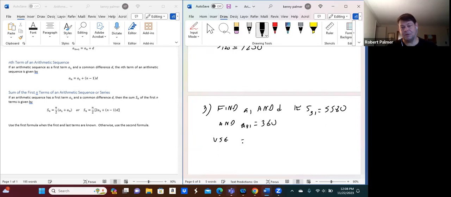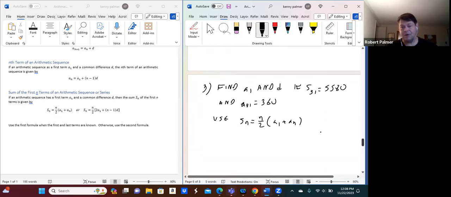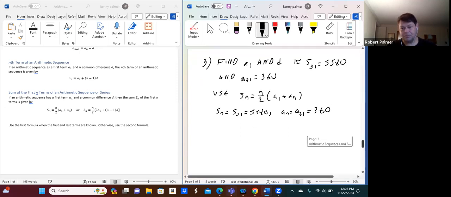So let's use Sn is equal to n over 2 times (A1 plus An). Of course here, our Sn is S31, which is 5,580, and our An is A31, which is 360. Let's plug those in.